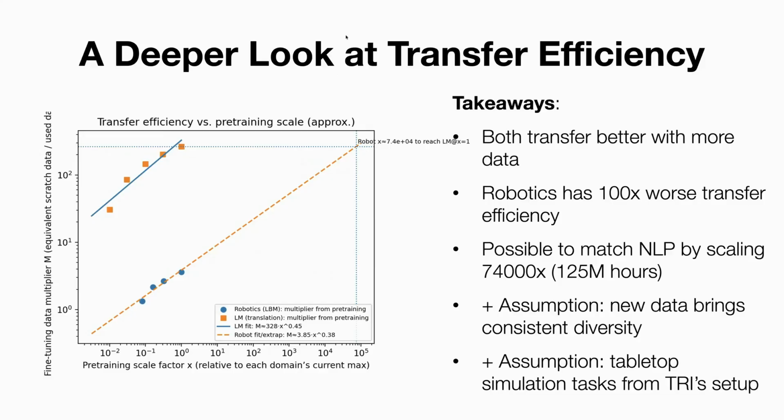But robotics actually has 100x worse transfer efficiency at its current pre-training objective and with the pre-training data sets TRI was using. With more data, we can match the NLP setting by scaling to 74,000x the data TRI already had when they did the work, and that's equivalent to 125 million hours.